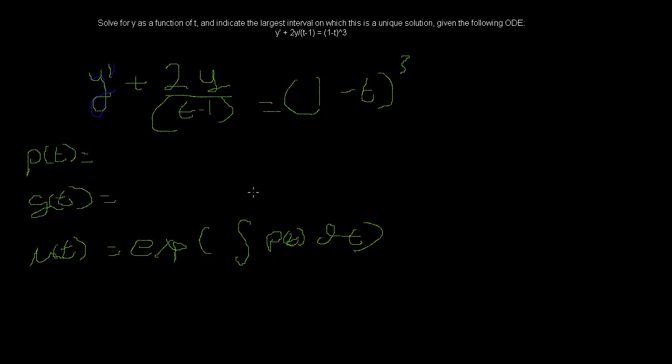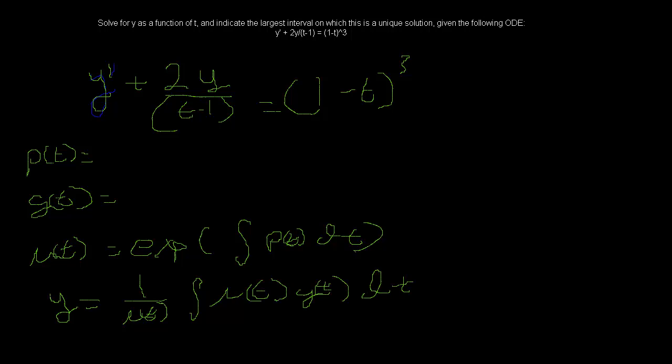And then the general form of y will be 1 over mu of t times the integral of mu of t times g of t dt, right? So, alright, let's get started.